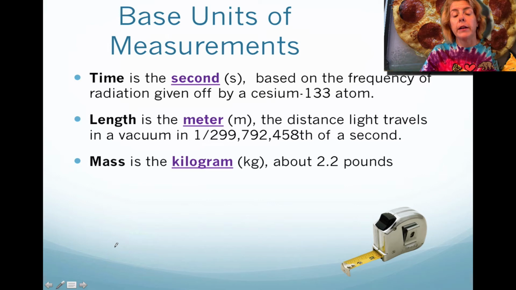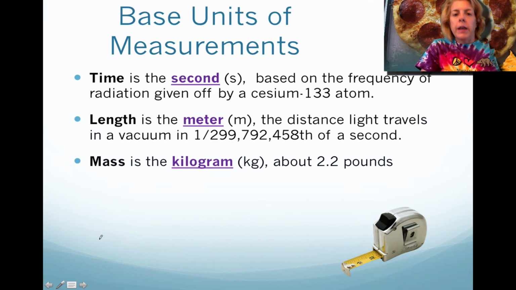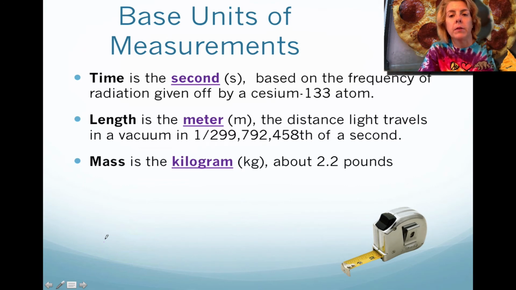Notice that it's the distance that light travels in one 299 millionth of a second. And then lastly, we have the kilogram. If you ever have to compare the kilogram to the English system, notice that it's 2.2 pounds. So you would take your weight and divide it by 2, and that's the amount.